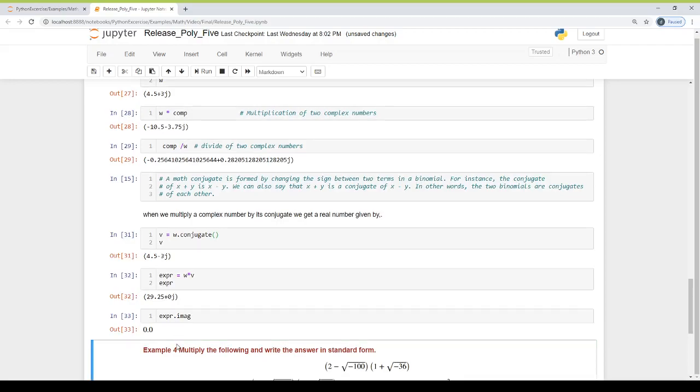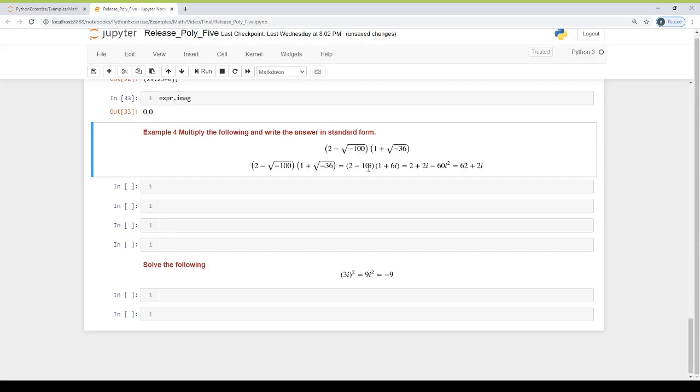The following is a practice problem, which is to multiply two complex numbers.